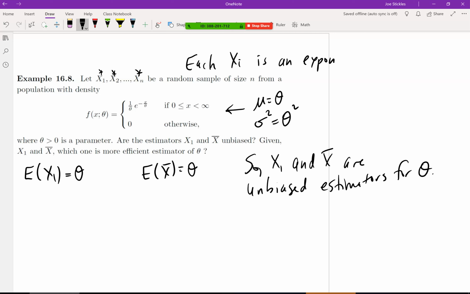If you did a random sample of 1, it would just be the same variable as the underlying distribution. That's how I know x1's expected value is theta, because it has the same distribution as the underlying distribution.